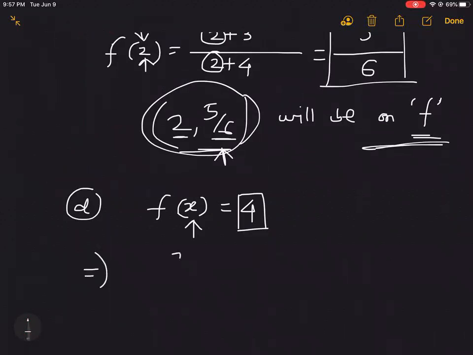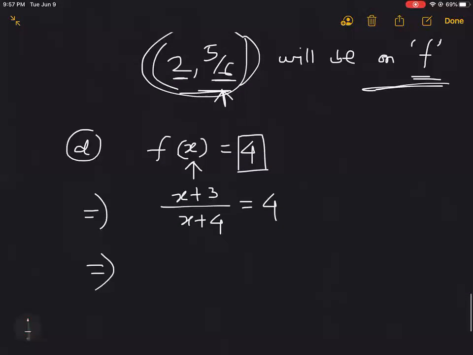Our function was x plus 3 over x plus 4. This will give us a 4. We need to solve it for x, and this will give us our result. So by solving this, I can get -13/3. If you just solve it, okay?